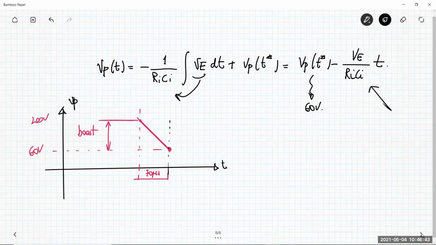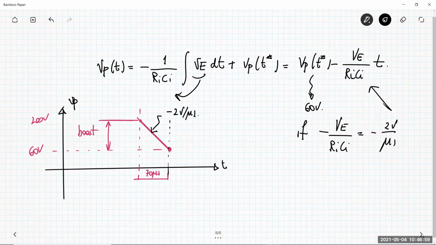For example, if I put negative VE over RICI to be exactly negative 2 volt per microsecond, which is this slope here, then in 100 microseconds the voltage VP across the capacitor is exactly null.